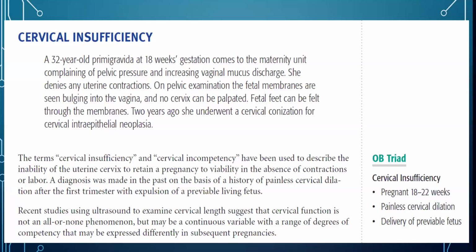But it is very much recommended for patients who are elderly primigravida, or elderly pregnant patients above 35. And it is preferred to be done in the first trimester, but if they miss it, you can still do it in the second trimester.